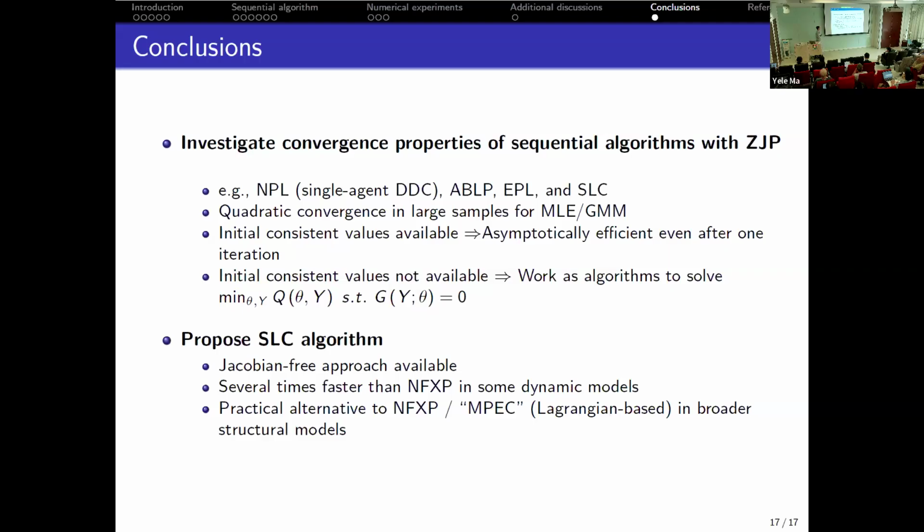And in this study, I also propose an algorithm which I call SLC. And concerning the SLC, a Jacobian-free approach is available. So in general, if we apply the Jacobian-free approach, we don't have to explicitly compute the Jacobian of G. And as I showed before, SLC can be several times faster than NFXP in some dynamic models.